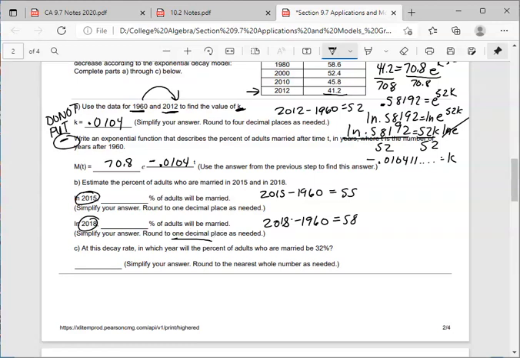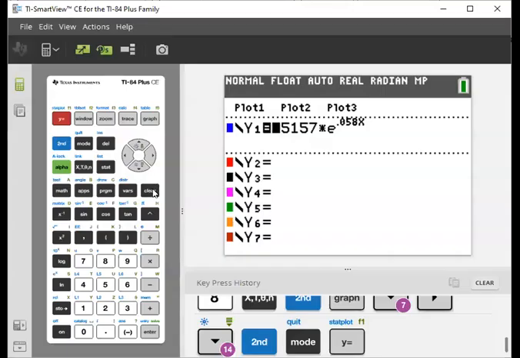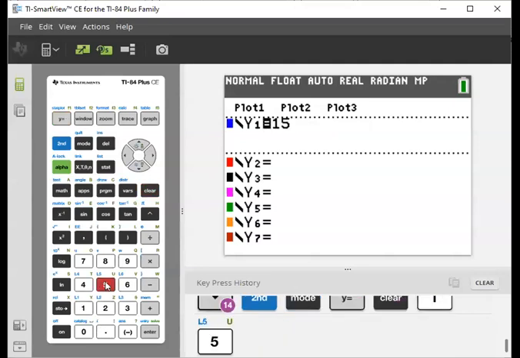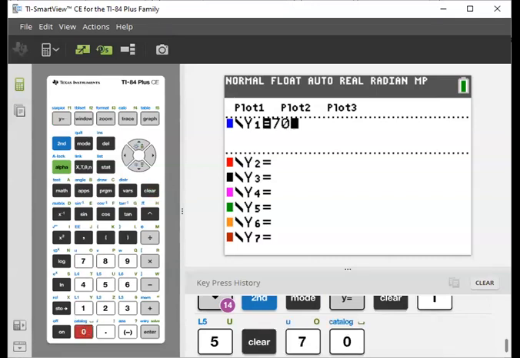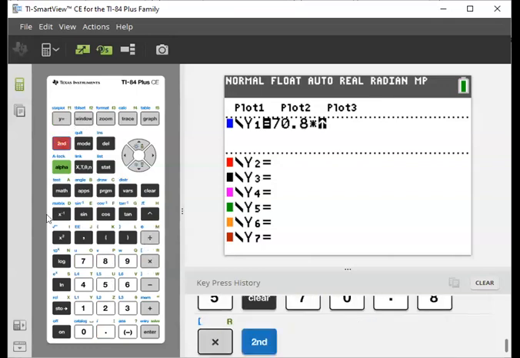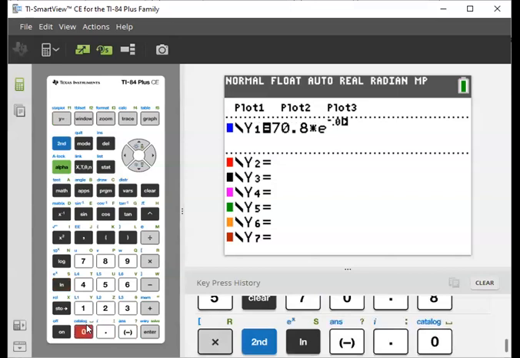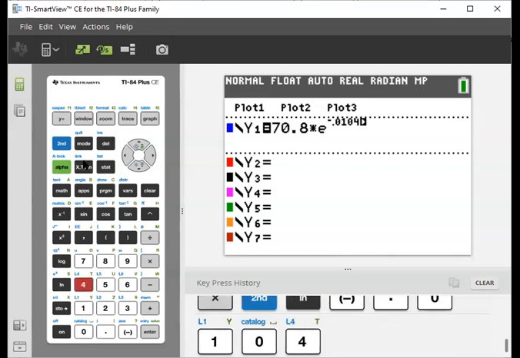So if we went to our graphing calculator, I mean, we've got two of them, so I just would rather type it in once instead of twice. 70.8 times E to the negative 0.0104x.